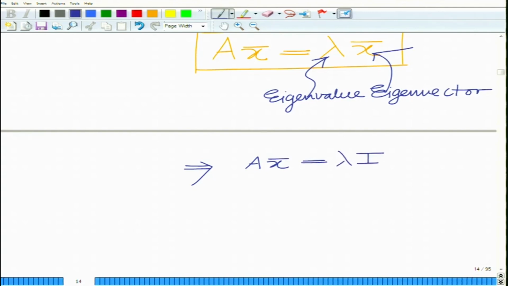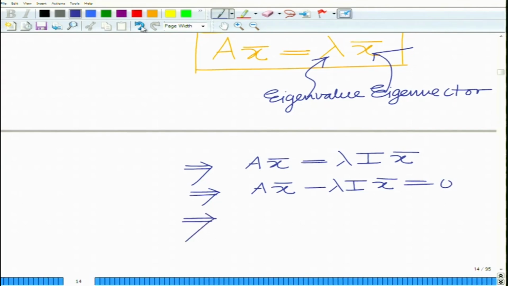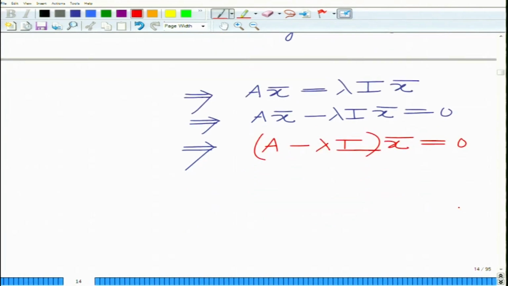Okay. And now, since A x bar equals lambda x bar, I can use the identity matrix here: A x bar equals lambda I times x bar, which implies A x bar minus lambda I times x bar equals 0, which basically implies that (A minus lambda I) times x bar equals 0.